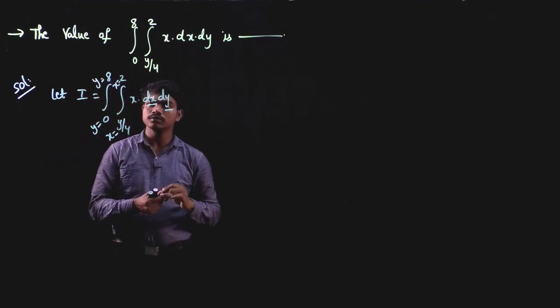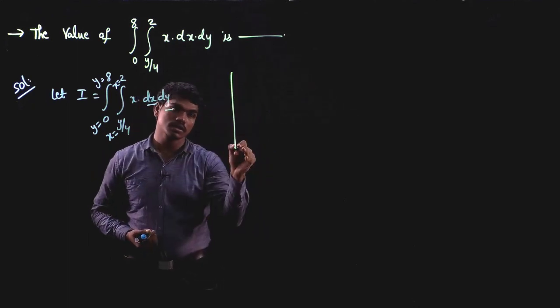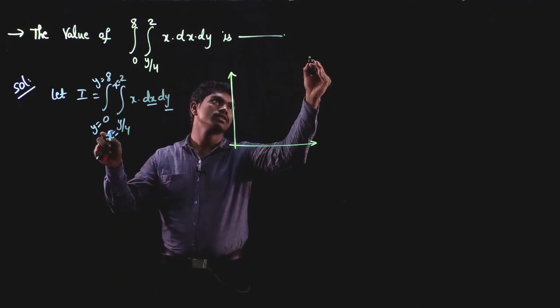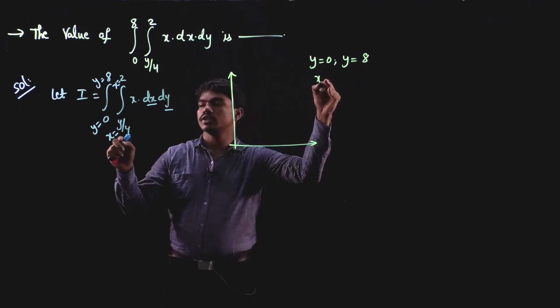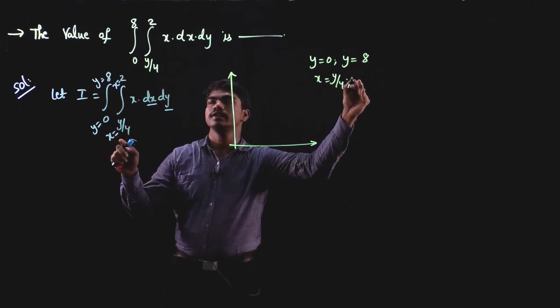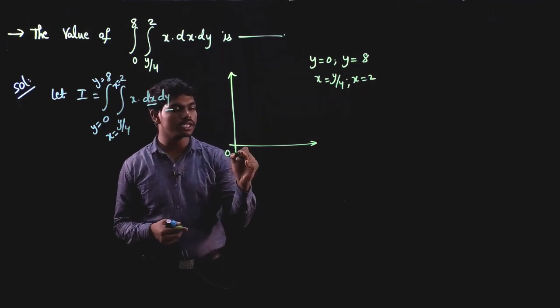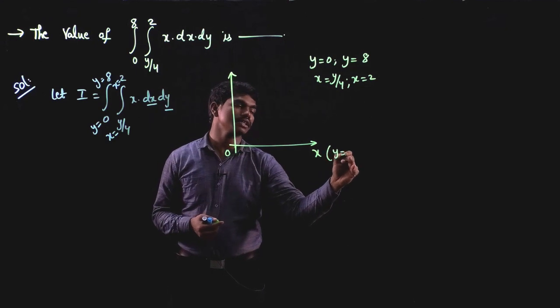Now let us try to plot this first. If you try to plot the curves that are given here, what are the curves we have? y is equal to 0, y is equal to 8, x is equal to y by 4, and x is equal to 2. First of all, this is the x-axis, for which the equation is y is equal to 0.